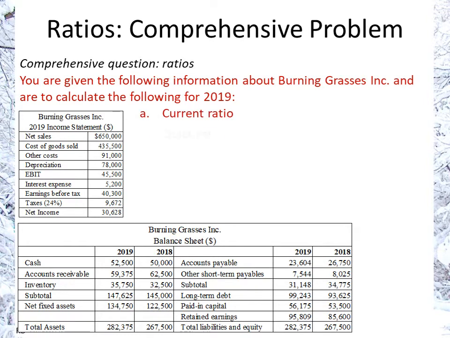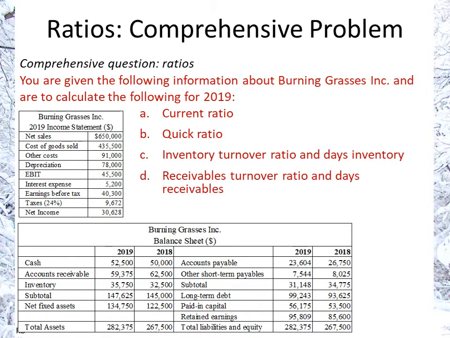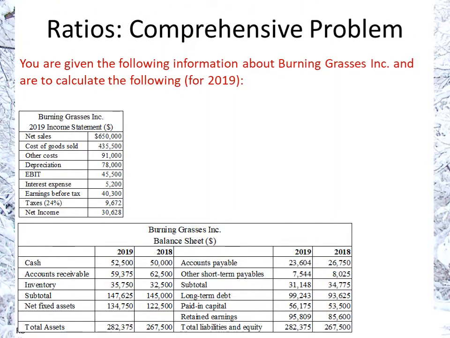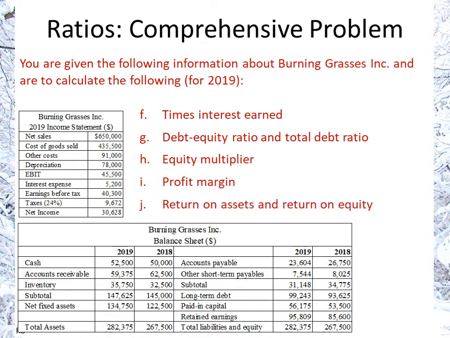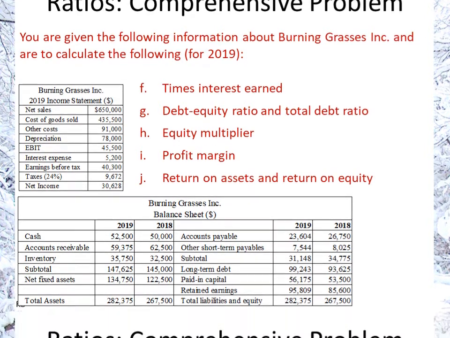So let's calculate the current ratio, quick ratio, inventory turnover ratio, and days of inventory, receivables turnover ratio, and days receivables, total asset turnover. We want to have the times interest earned, the debt to equity ratio, the total debt ratio, and the equity multiplier. Then we'll calculate the profit margin, return on assets, and return on equity.